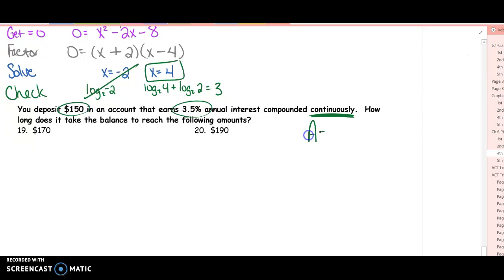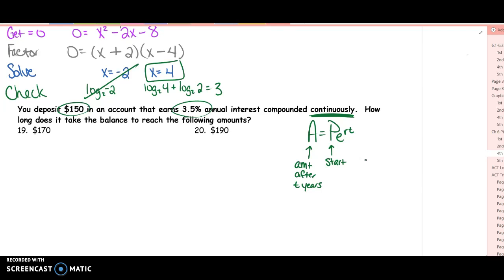When it says continuously, that means you're using the PERT formula, A equals P e to the rt. P stands for the principal, which is the starting amount. A stands for the amount after t years. So after t years, we want the amount to be $170.